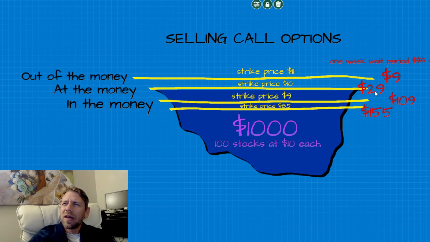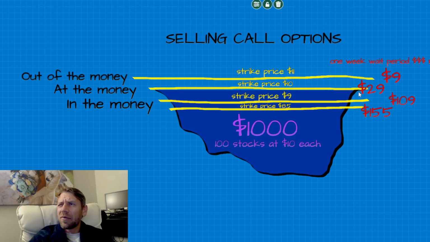I put that $29 in my pocket immediately, and my account is not going to change in total value because I'm simultaneously going to get a credit of $29 and a liability of $29.